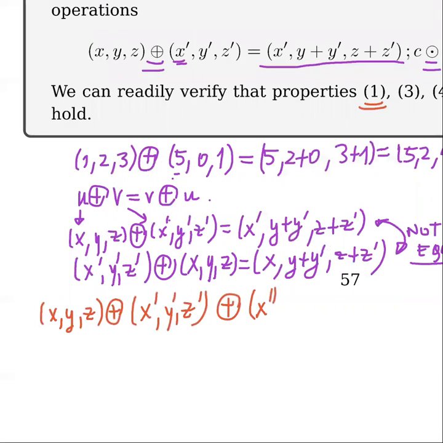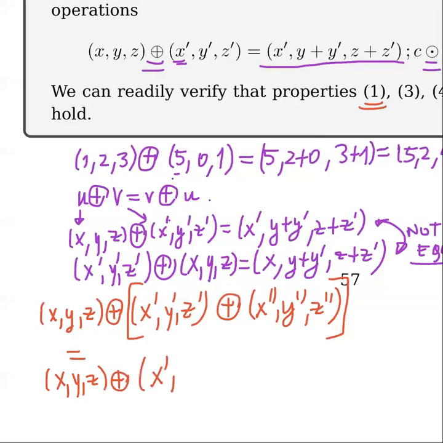Let's call it x'', y'', and z''. So if I make it like this, you can check that this is the same as (x, y, z) plus (x', y'). No, the parentheses will matter, right?